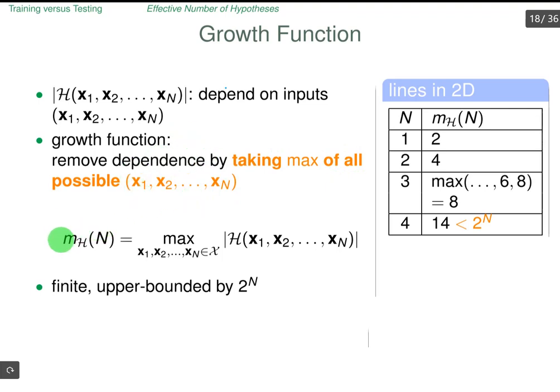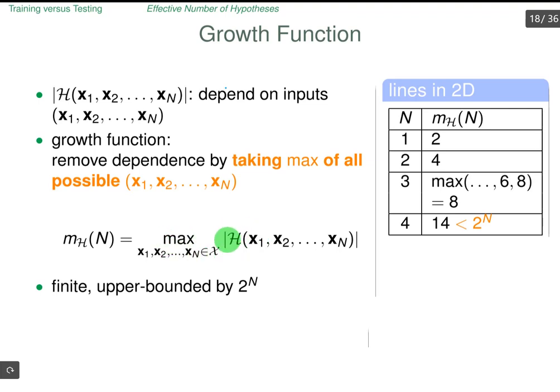It is defined as follows: m of n, where n is the number of examples. What this means is that the growth function measures the maximum number of ways these endpoints can be classified for a hypothesis class.